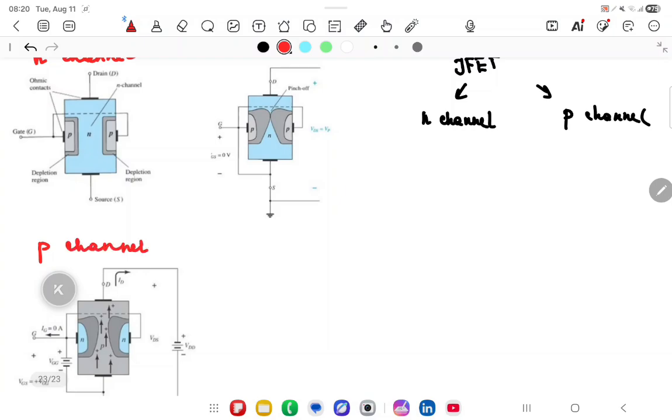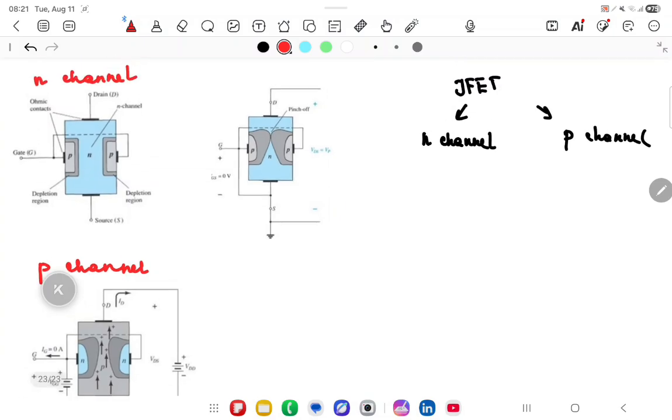They are quite similar. The only difference is their direction of current. And of course, the depletion and N channels are switched. Keep in mind that what is flowing through the N channel is electrons.